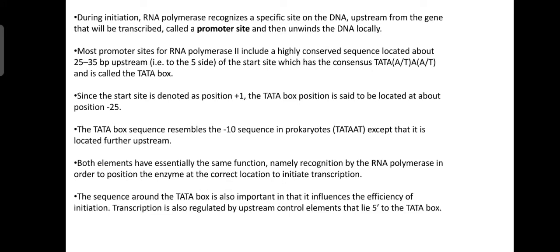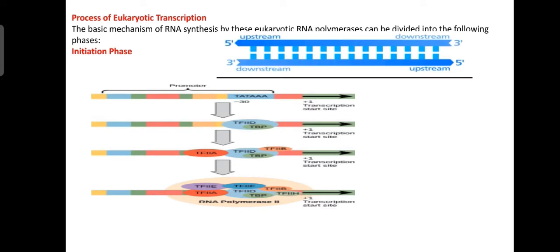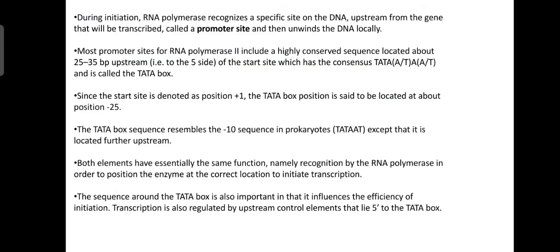Since the start site is denoted as position +1, in this image you can see on the right side the +1 transcription start site. The TATA box is located at -25. The -25 TATA box is present in eukaryotes, and in prokaryotes it resembles the -10 sequence.